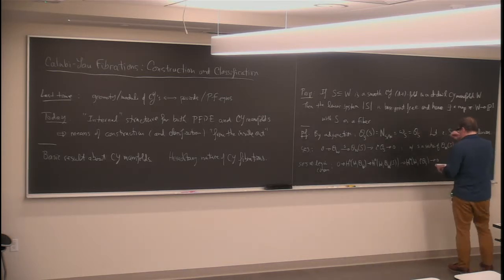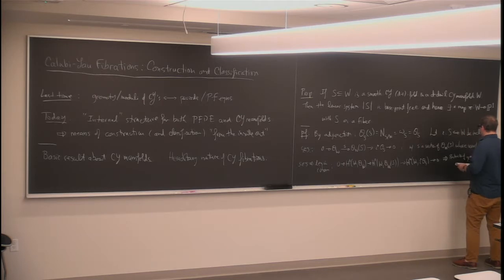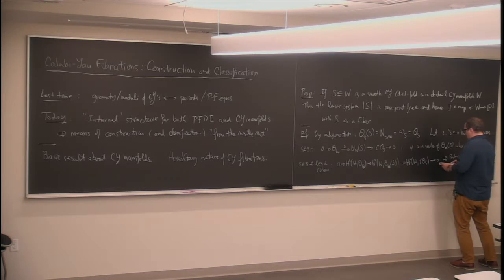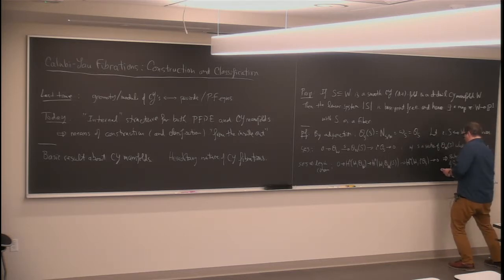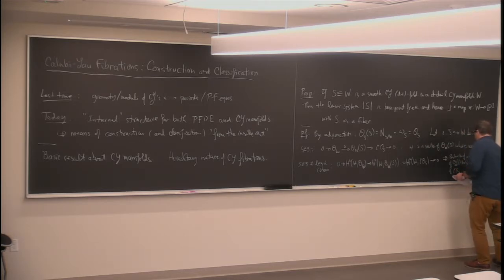So from this, we see that the restriction of a generic section of O_W(S) to S is a non-zero section of iota upper star O_S, which is non-vanishing.